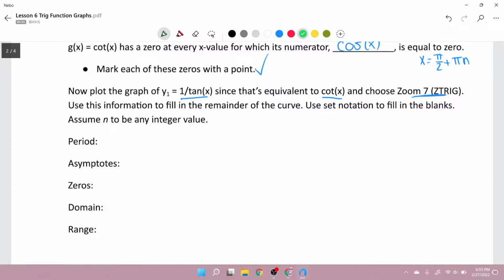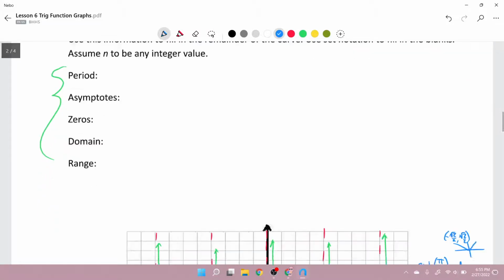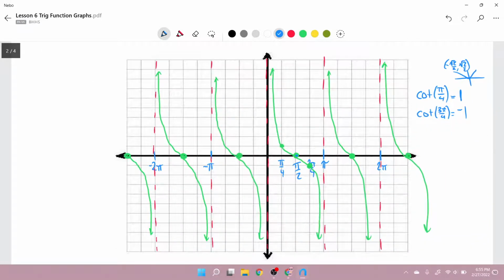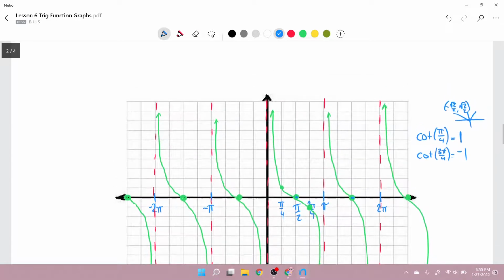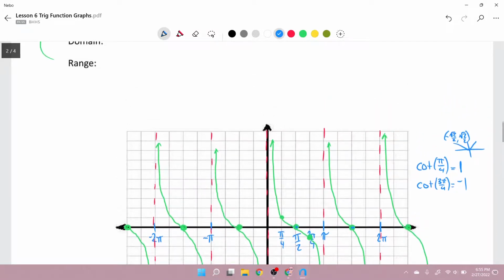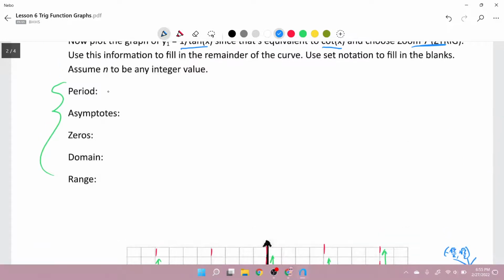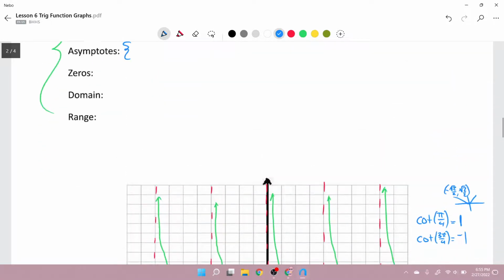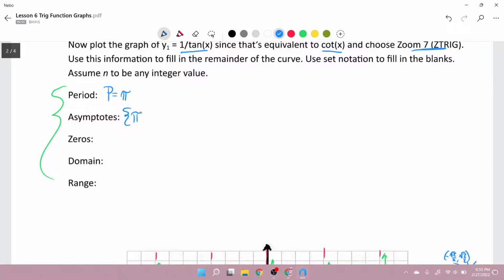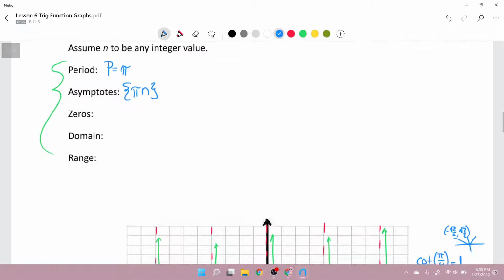All right, now our goal is to fill in the following right here. Our period of cotangent is going to be the same as the period of tangent, right? We're at pi halves, and then we traveled pi units to get to the next one, so our period is pi. Our asymptotes, where do they exist? At every pi n, where n is an integer.